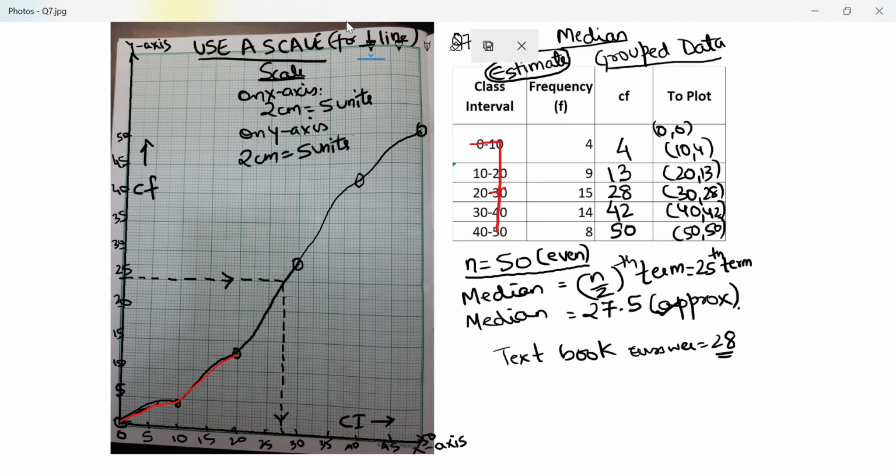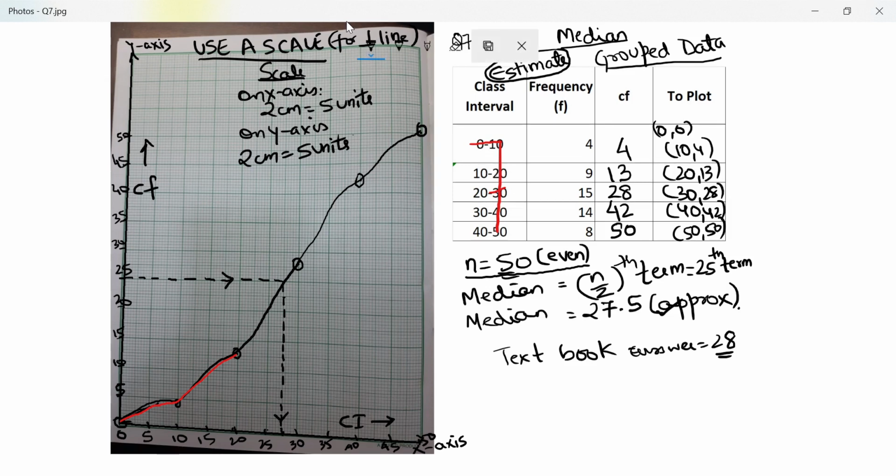I repeat, what we did was we made an ogive. From the ogive, we need to estimate the median. The median will be my 25th term because n is 50. So the 25th term is here. I draw a perpendicular from here onto the ogive, and then a perpendicular onto the x-axis, and I notice where it lands on the x-axis.